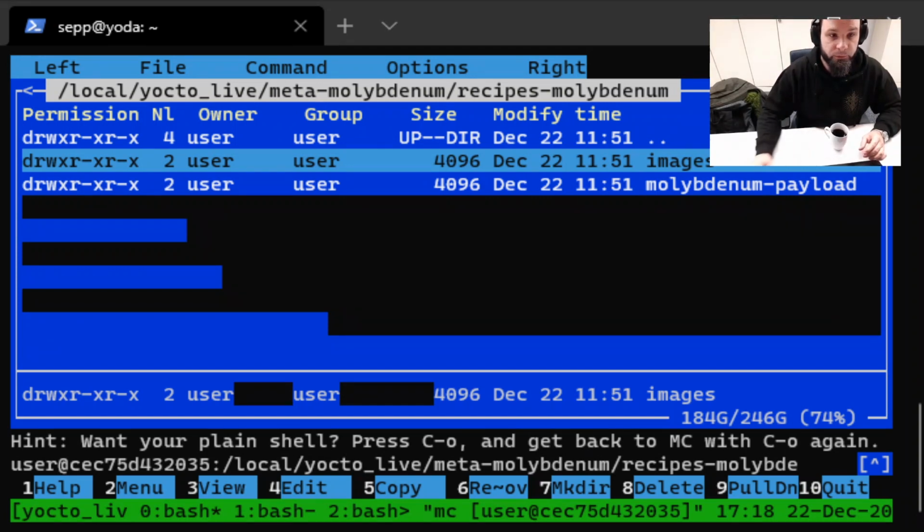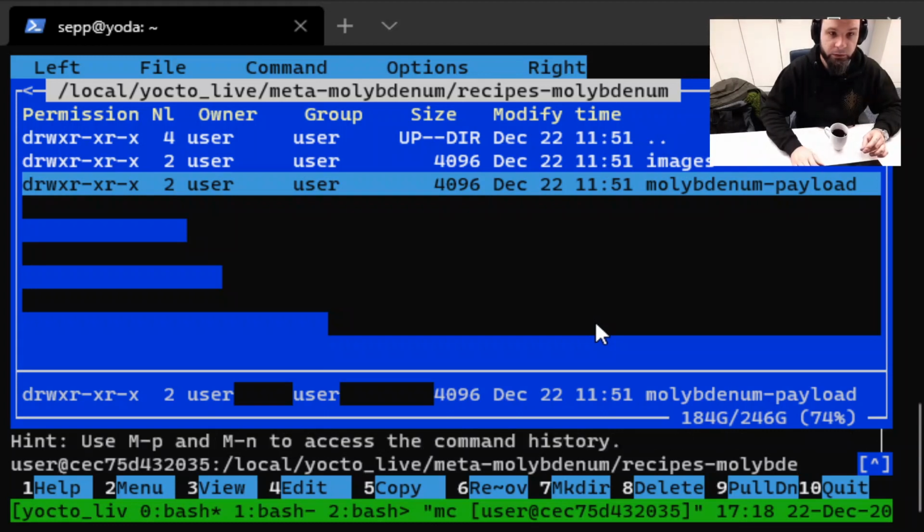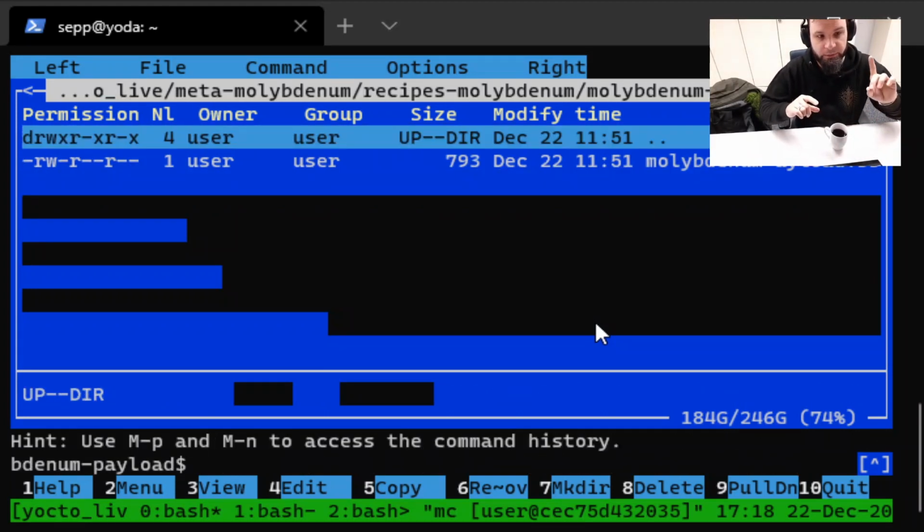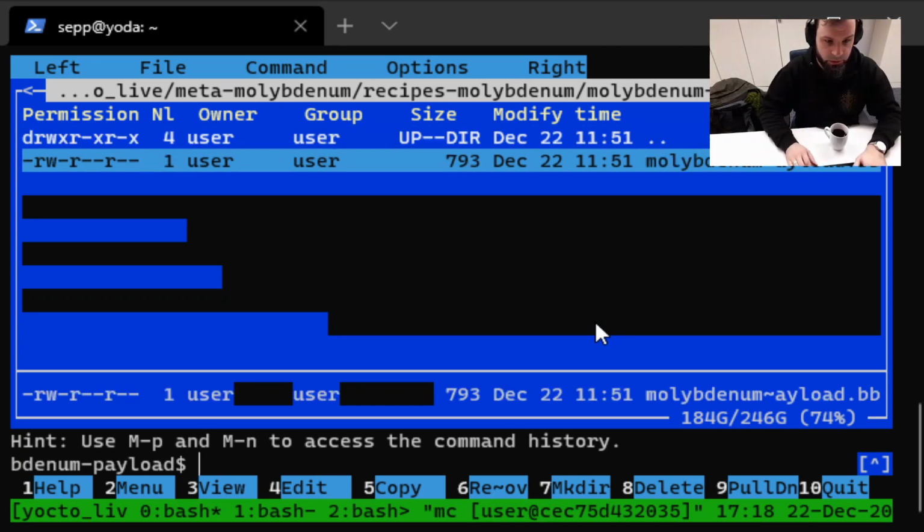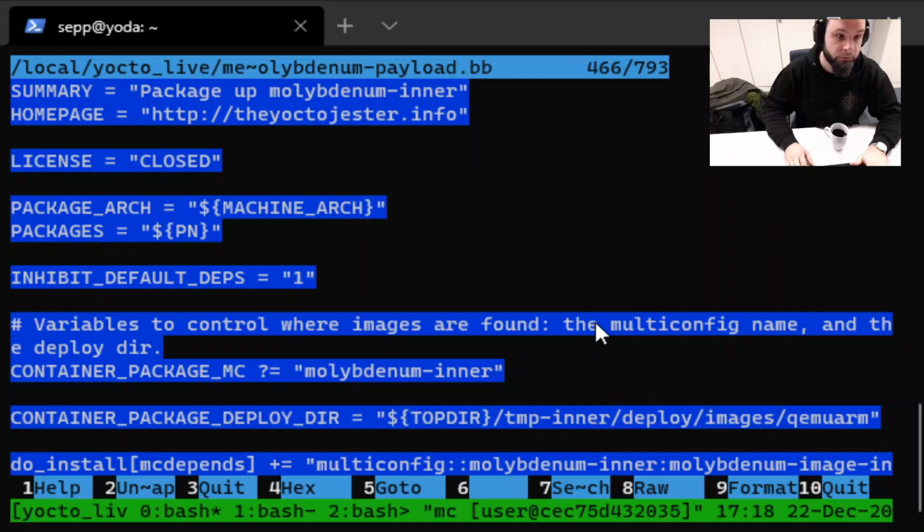Okay, and so the final puzzle piece, hopefully, is how does the molybdenum-image-inner go into the molybdenum-payload? So here is the magic, kind of.